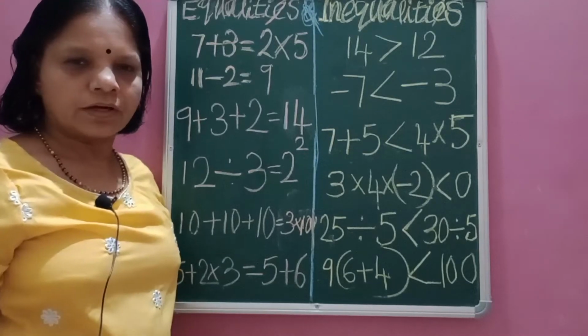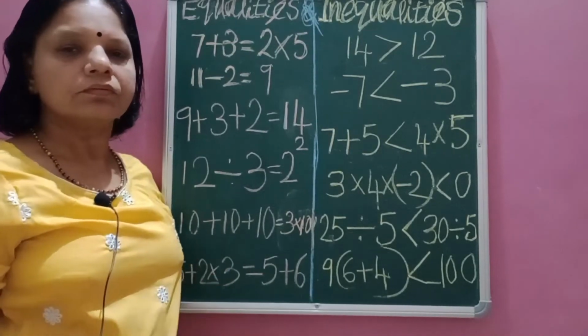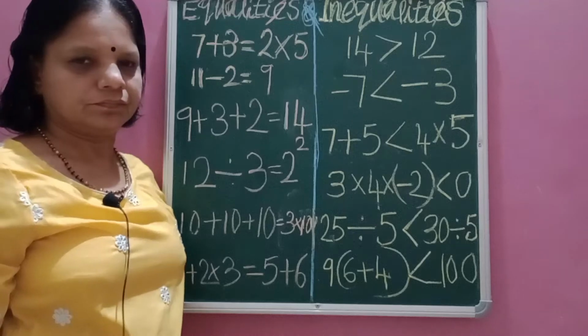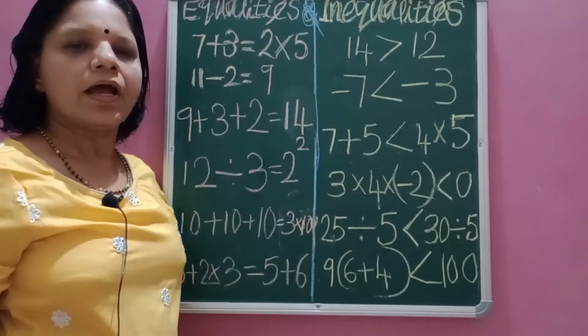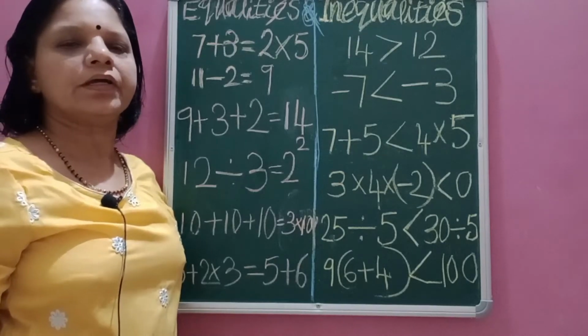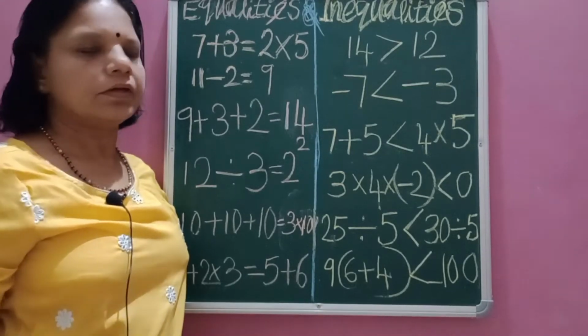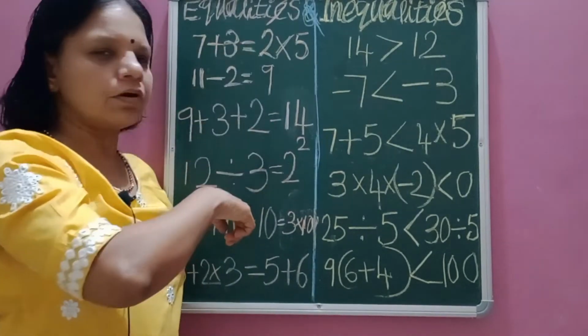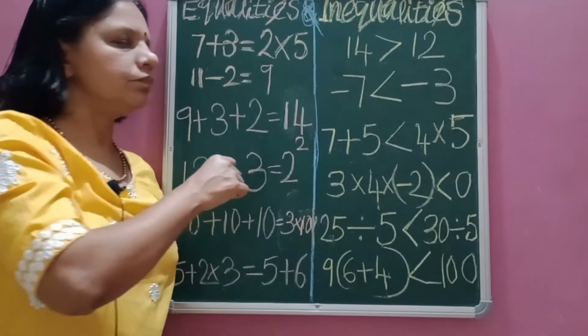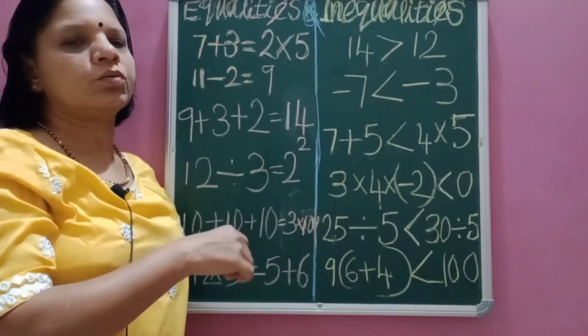An equal to sign and two numerical expressions. Two numerical expressions that are equal and are represented by an equal to sign is called equality. Here in the first column, there are some examples for equalities.